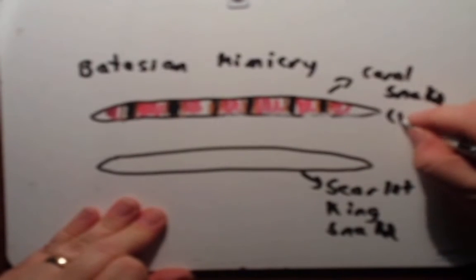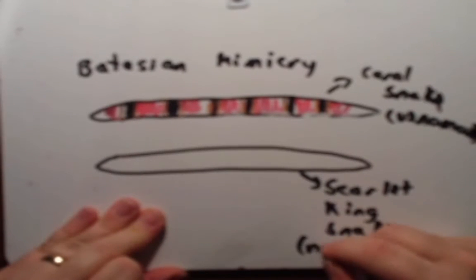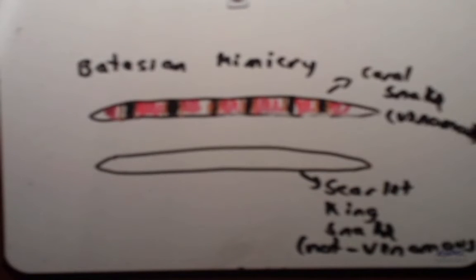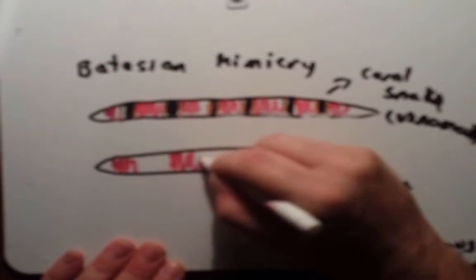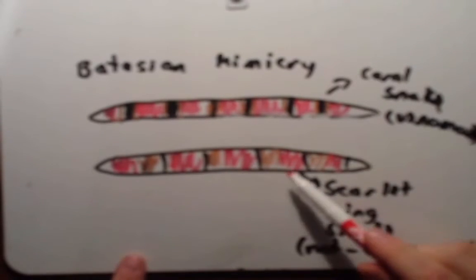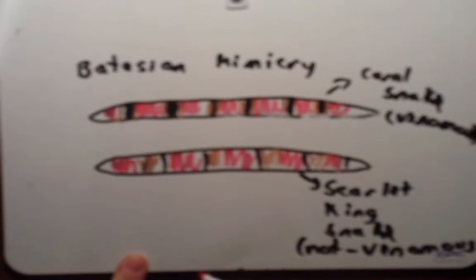So let's also write up here venomous, and this one is not venomous. But it has a very similar pattern. It's not identical, but it's similar. So I'm just going to draw something that's kind of similar here. Now an animal that might want to eat this as a potential prey is going to look at this and sense that it's very similar to this one. In fact, an animal may not be able to tell the difference between it.